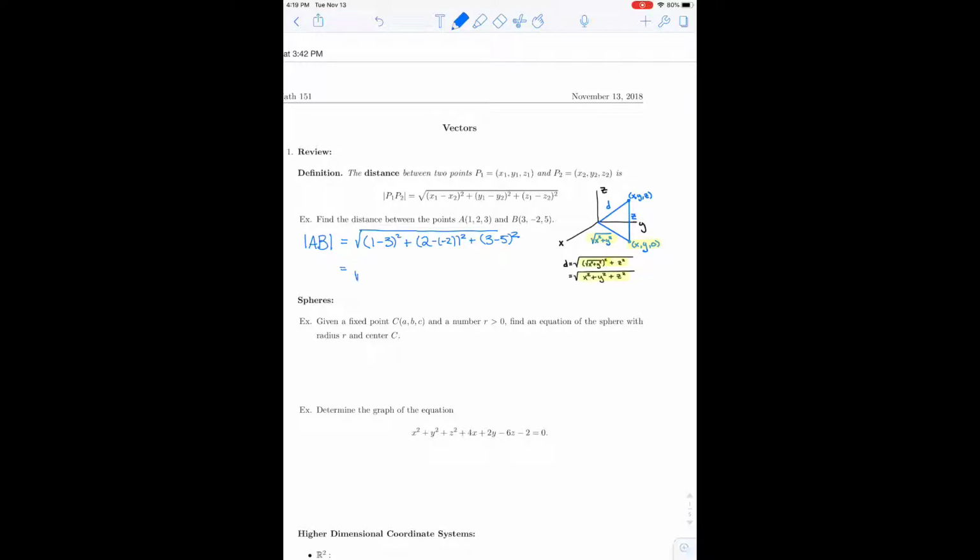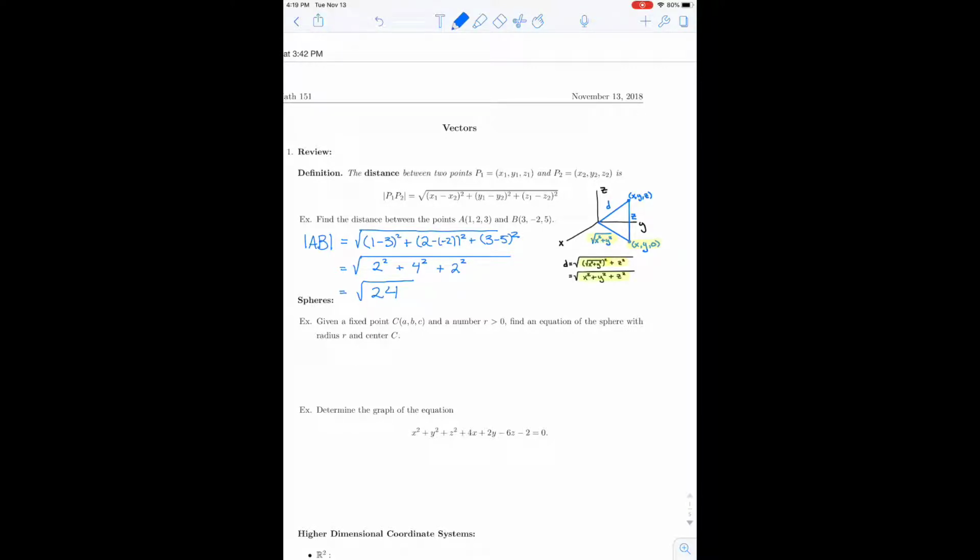We can go ahead and simplify that. That is 2 squared plus 4 squared plus 2 squared. So that's the square root of 4 plus 16 plus 4, or the square root of 24.